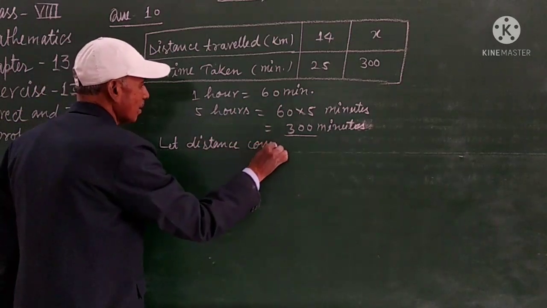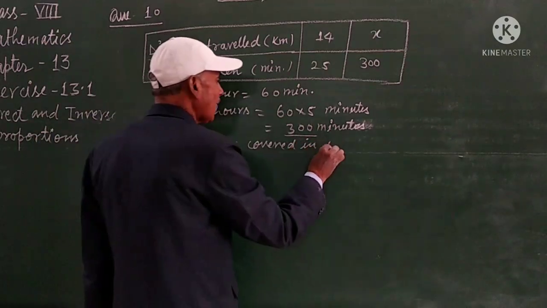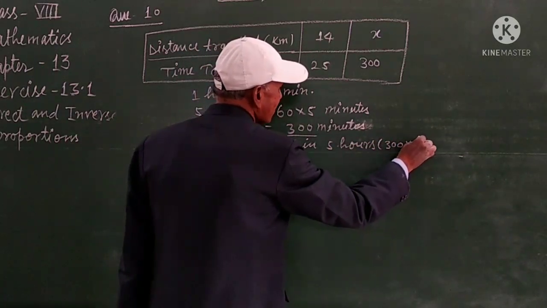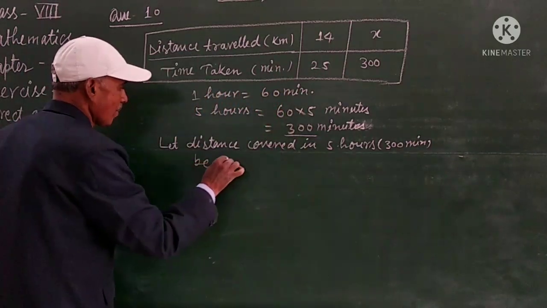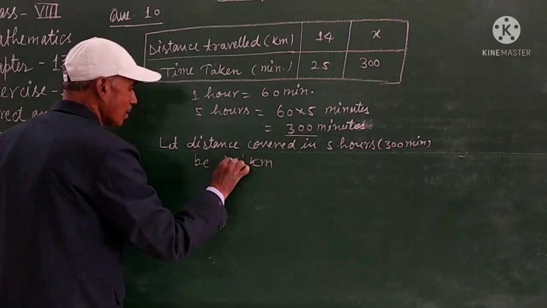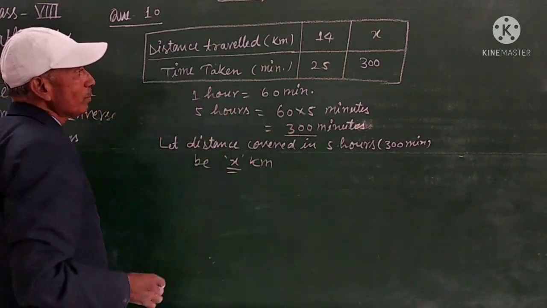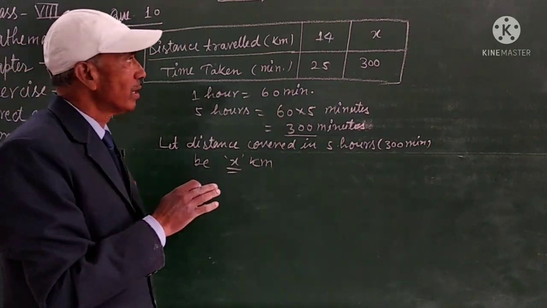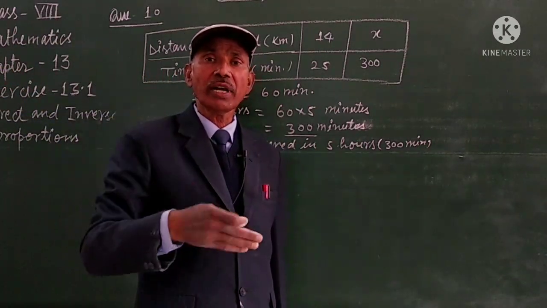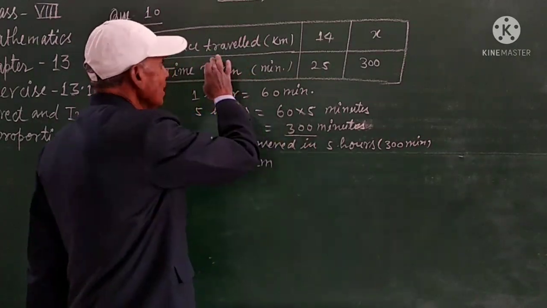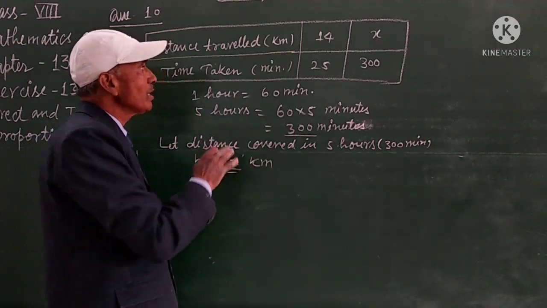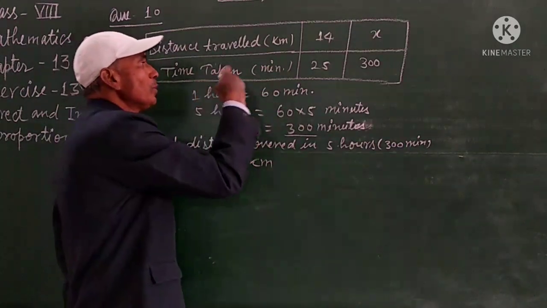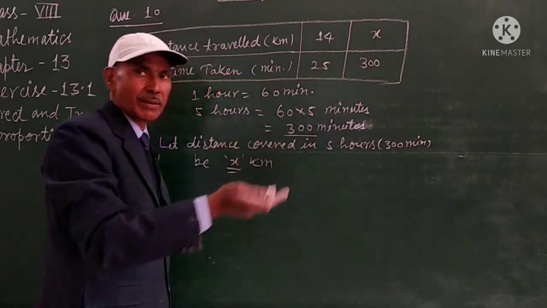Student, as we know, distance traveled by the truck and time taken are directly proportional. The more distance the truck covers, the more time it takes, student, because the speed is the same. Since the speed is the same, the more distance the truck covers, the more time it takes, or the more time it takes, the more distance it covers.